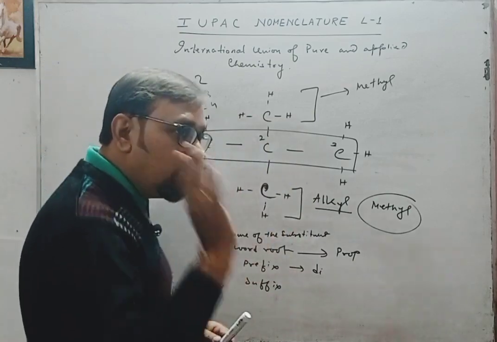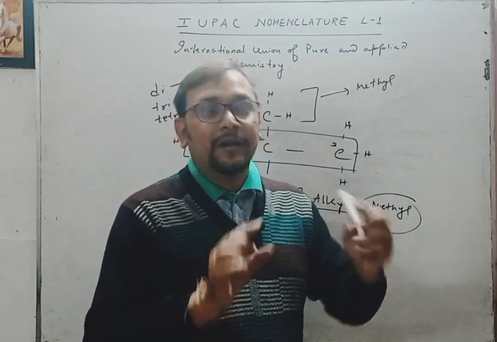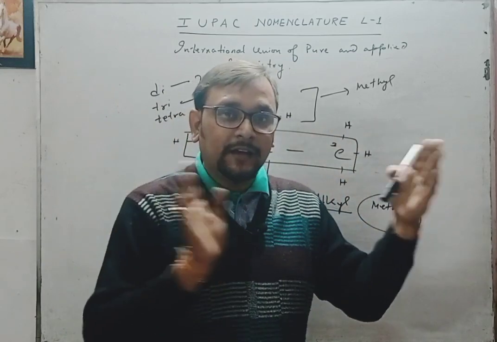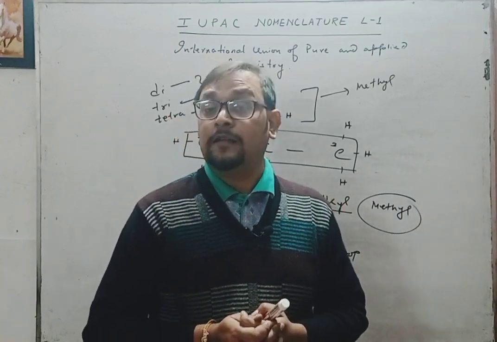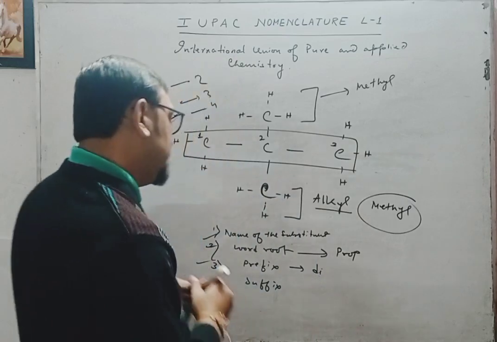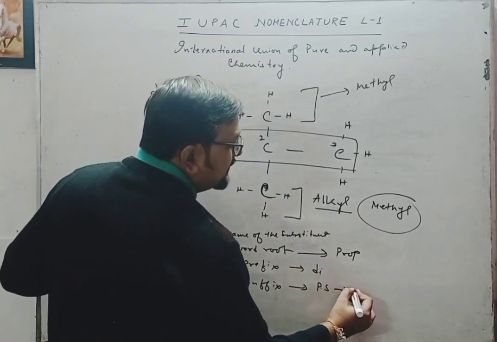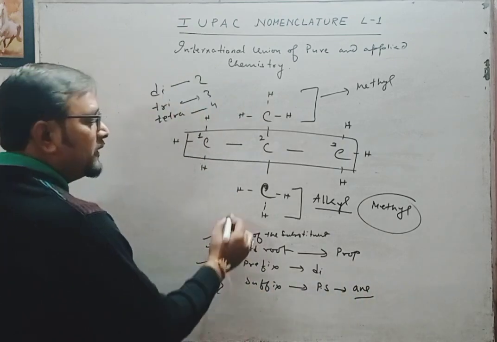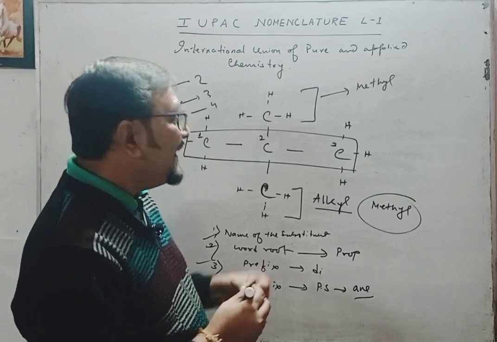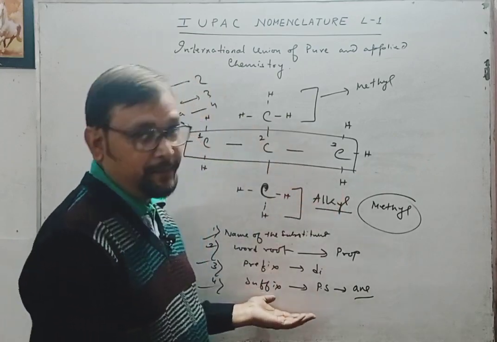So when there is no functional group, and no double bond or triple bond between the carbons in the longest chain, then what is the suffix you will use? Yes, we will use the primary suffix, that is ane. So everything whatever I require to name this compound, I have.